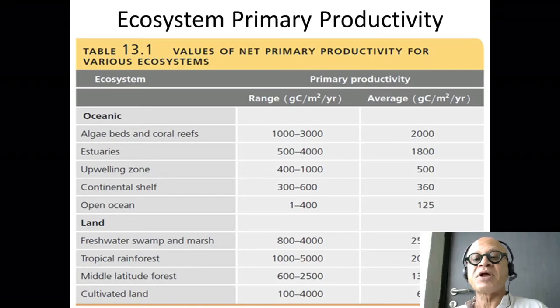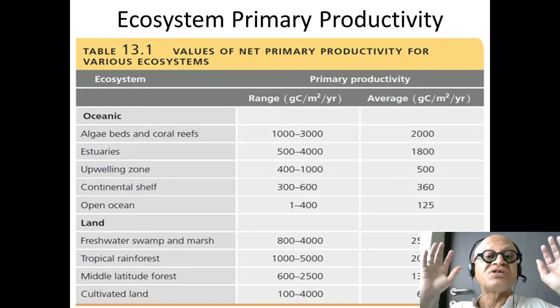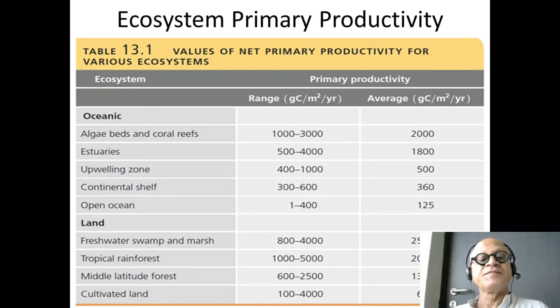So if you look at the primary production ranges, let's just focus on the range and not the average. Algae beds and coral reefs are very productive, so they have about 2,000 grams carbon per meter square per year. Estuaries are productive. Upwelling zones are productive. Open ocean upwelling zones are productive. In general, open ocean is not very productive. Continental shelves are productive. Open ocean, the blue regions of the ocean under the subtropical gyres are basically deserts of the ocean, right?